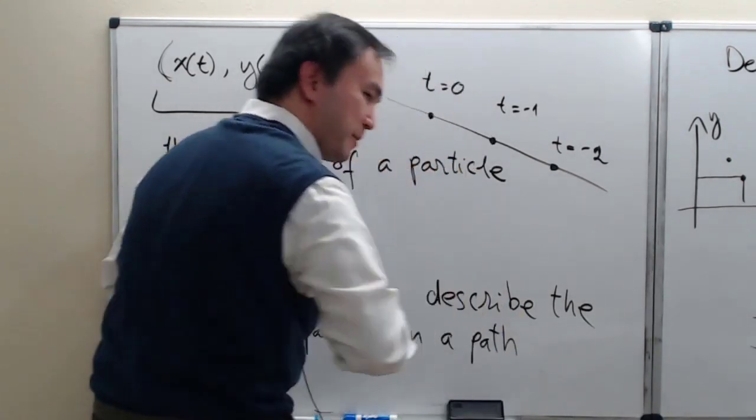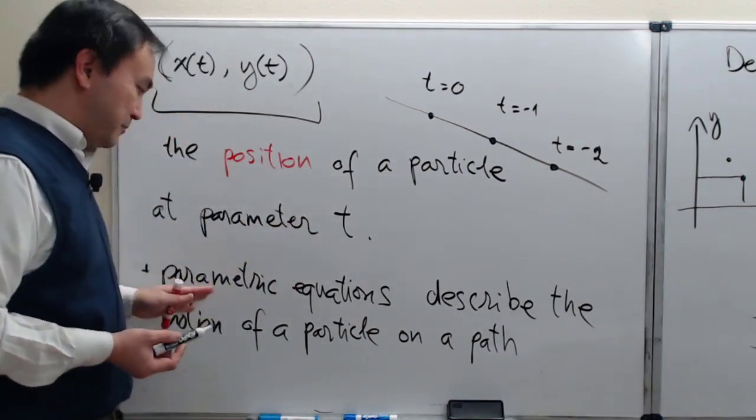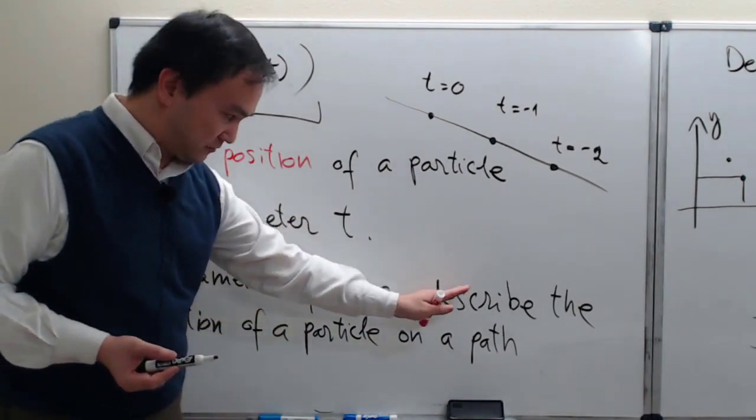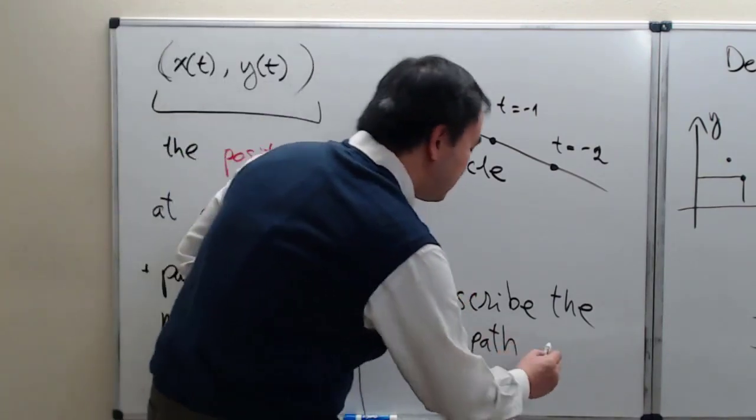So a path is just a path, but if we place a particle there, then our pair of parametric equations will describe the motion of that particle on that path right here.